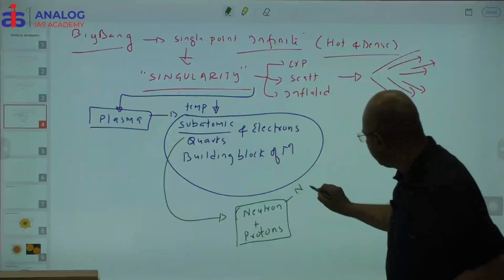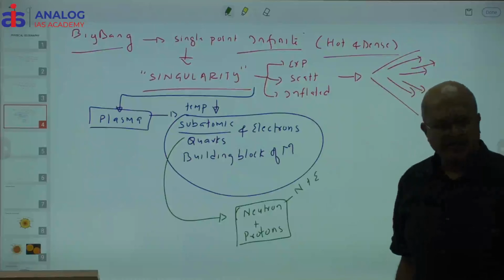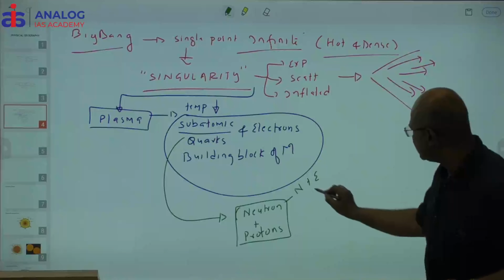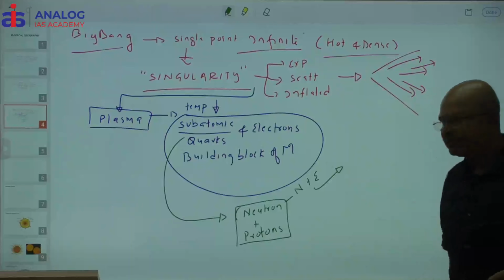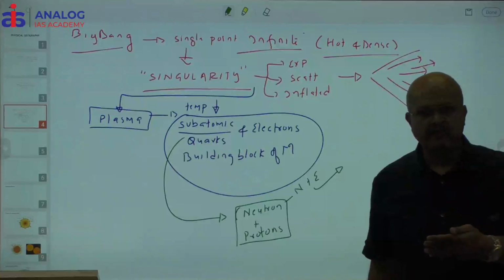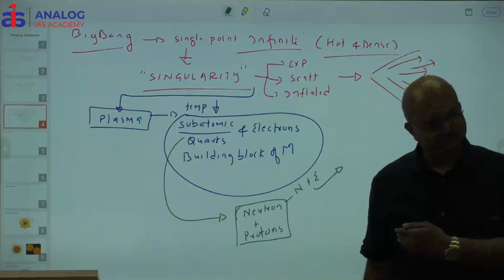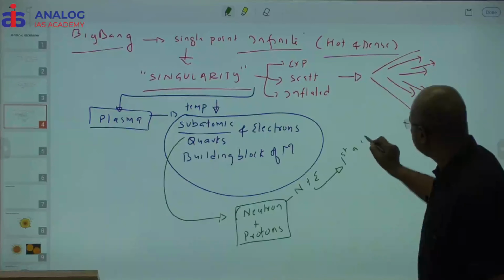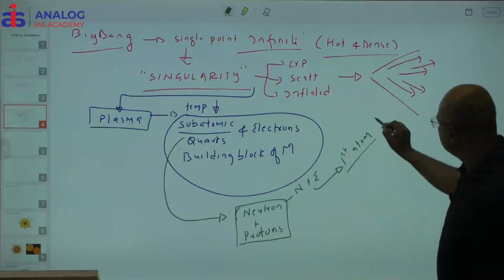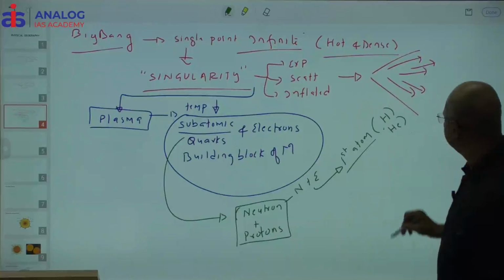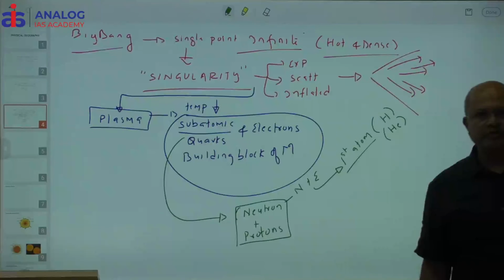After some time, the nucleus combined with the electron, and when the nucleus combines with the electron, it creates the first atom, and this first atom of the universe, hydrogen, was the first atom.